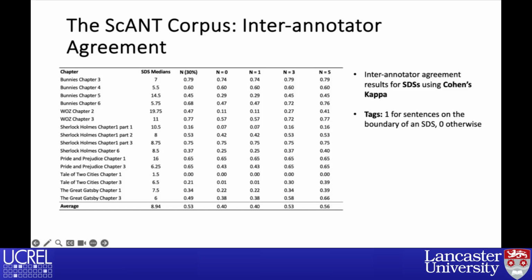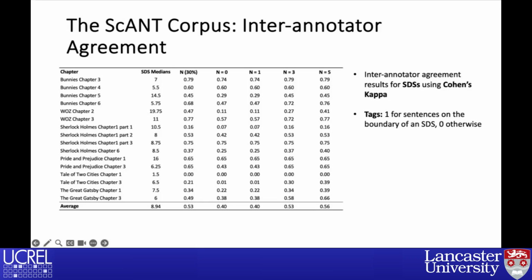If annotator 1 said that SDS1 starts at the first sentence, and annotator 2 annotated SDS1 as starting at the second sentence, then with an exact match we have a disagreement if n equals 0.